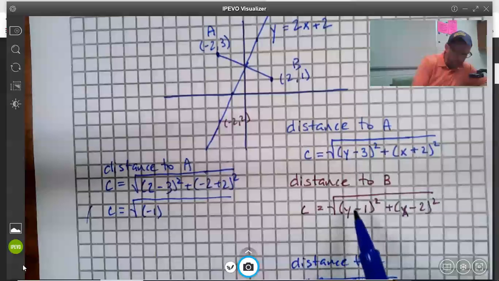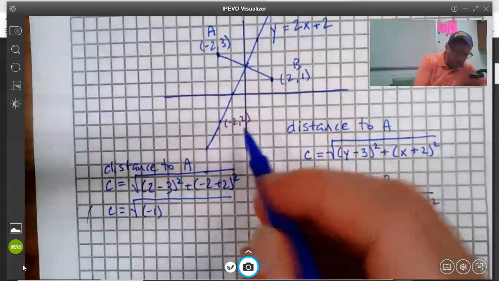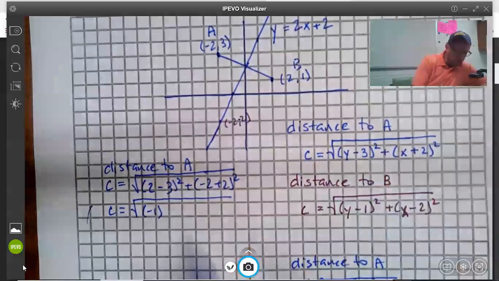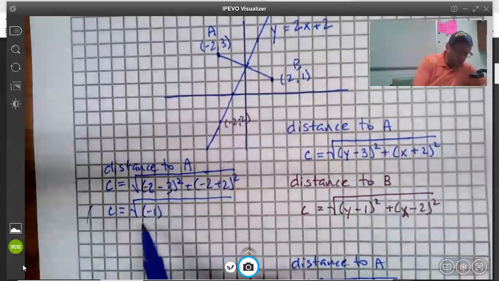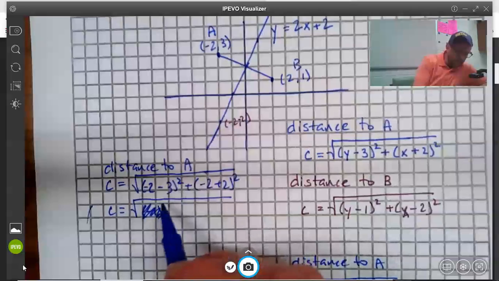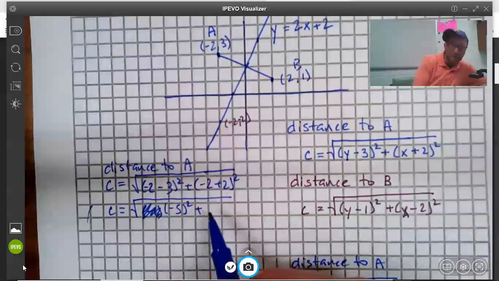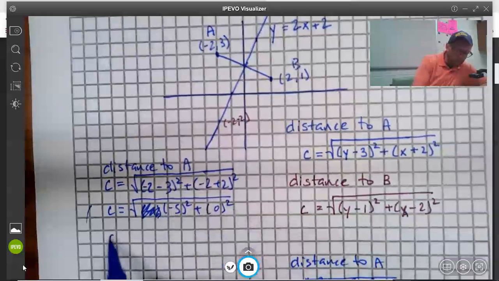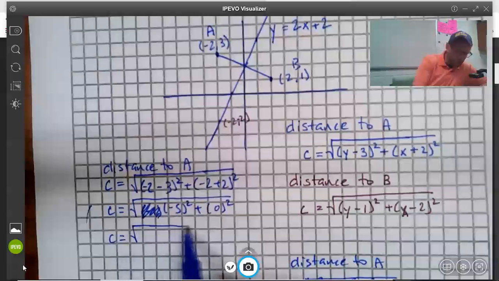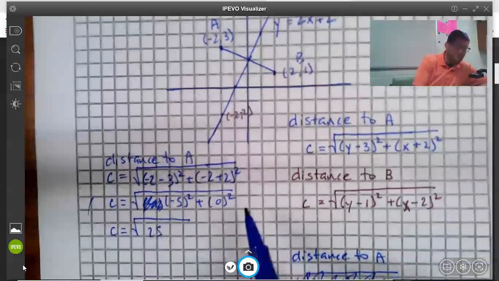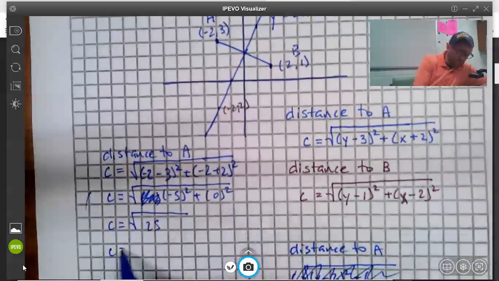Wait a minute, this is -2 right there. Mistake. That should be a -2. -2 minus 3 is -5 squared plus, -2 plus 2, that's 0 squared. So -5 squared is 25 plus 0, and the square root of 25 is 5.